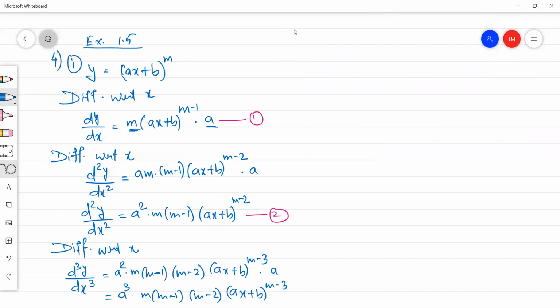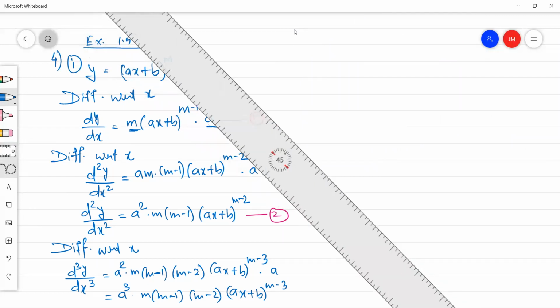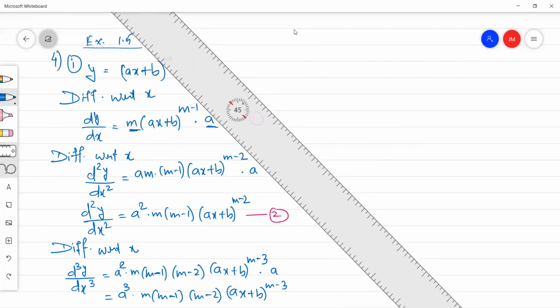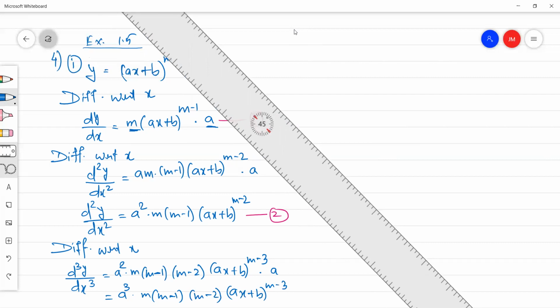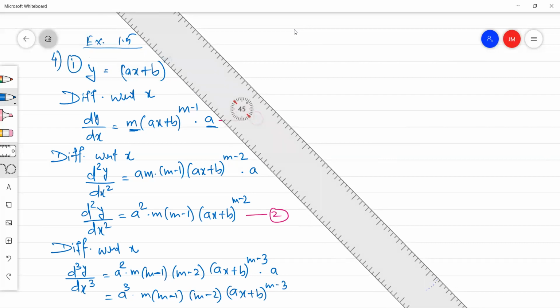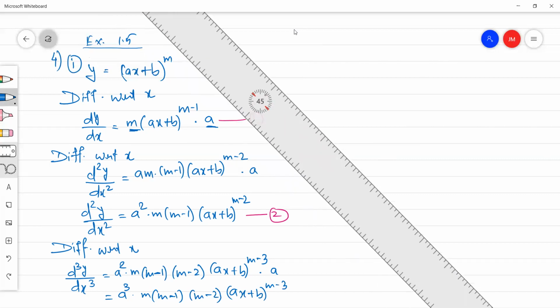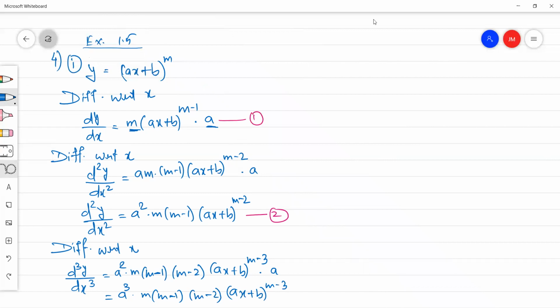So in the next step, as you understand, I write this as 3.